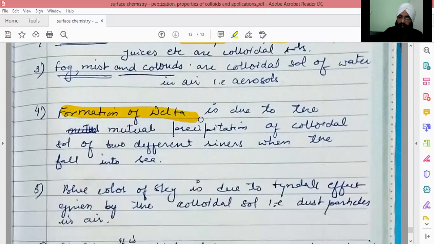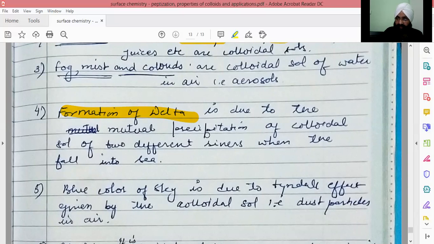Formation of delta. A delta is a place above the level of the sea, where two rivers fall into the sea and the land level rises up. This happens due to the mutual precipitation, mutual coagulation, of the colloidal particles of the two rivers.